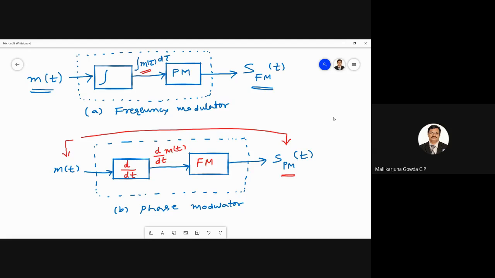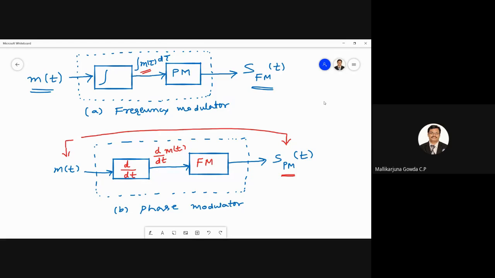So that is how FM and PM are interrelated. So it is inseparable. They are similar. That is why we deal only with FM, not with PM. All generation, detection, everything is similar to that. Fine? Okay, that is the analogy to understand.